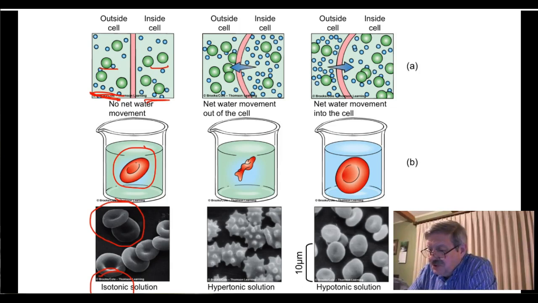Okay, this next one is a hypertonic solution, and hyper means above. The amount of salt or sugar, the amount of solute represented by the little green balls, is greater on the outside of the cell in the solution than what we have here in the cytoplasm. So water moves out of the cell. The cell shrivels up due to the lack of water.